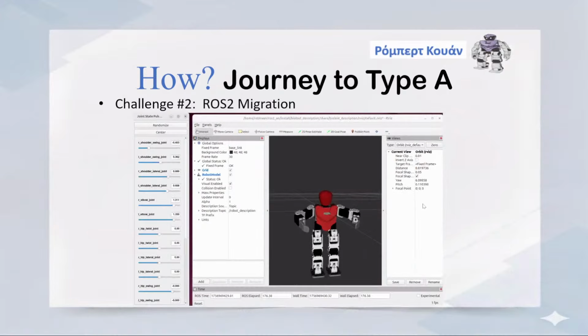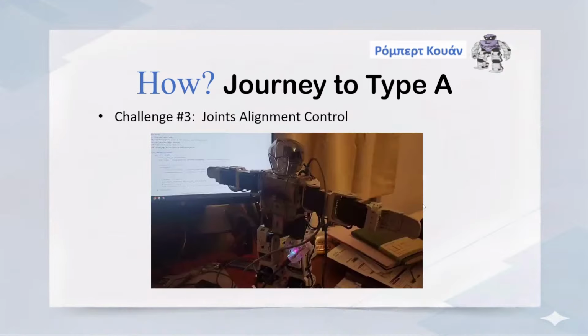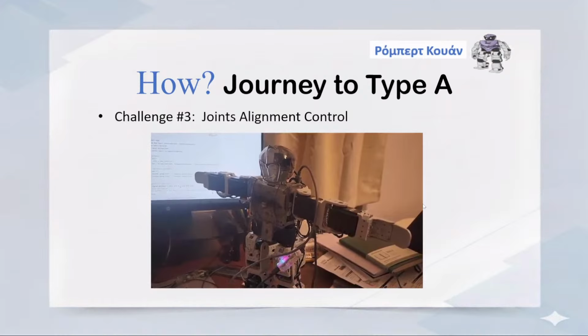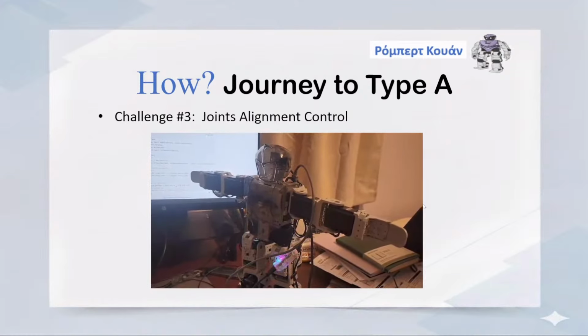This is up to the point where I got the URDF working, so it can be displayed in RViz2, and I also have the GUI that can control the different robot joints. But then came another new issue. As you can see here, there is some joint misalignment.